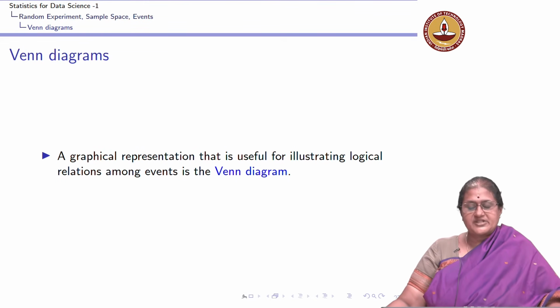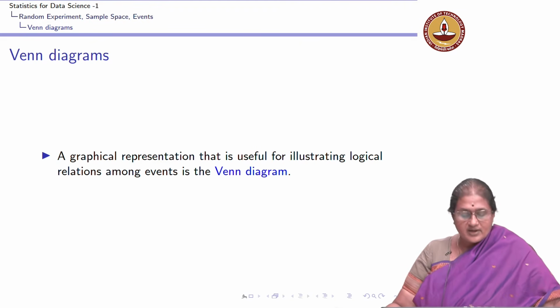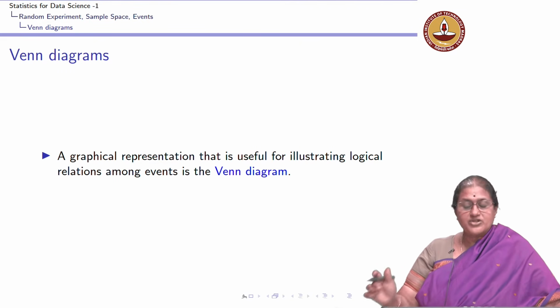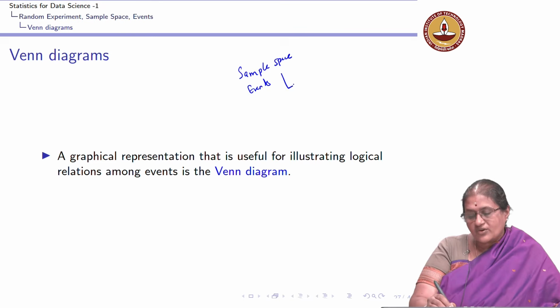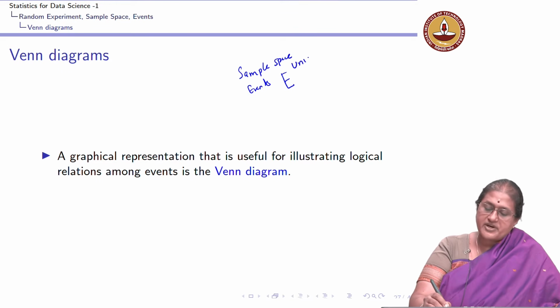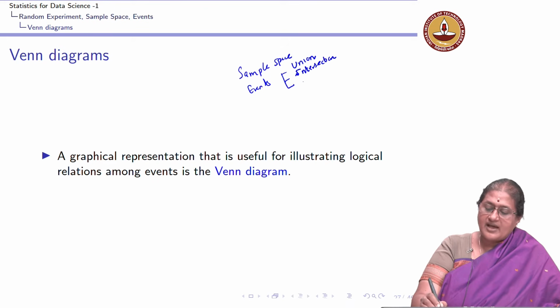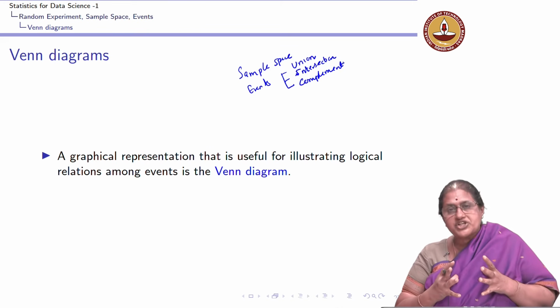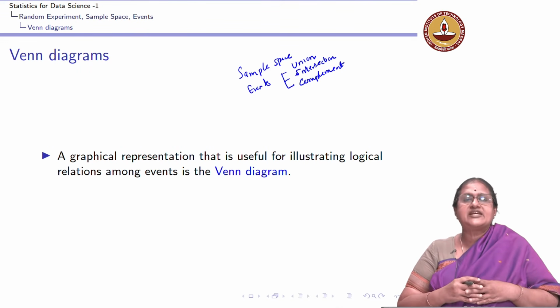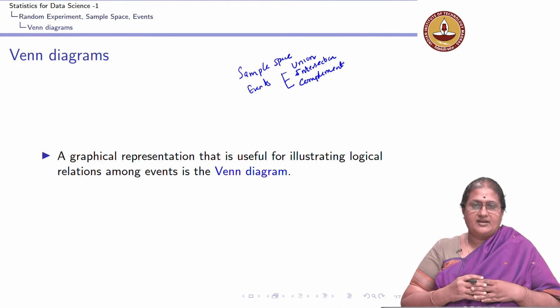A graphical representation is very useful in illustrating logical relations, because what we have seen so far is we have a sample space and we have events which are subsets of the sample space, and we could define all set operations, namely the union, intersection and complement on events. So, if I can have a graphical representation, then logical relations between these events can be easily represented.